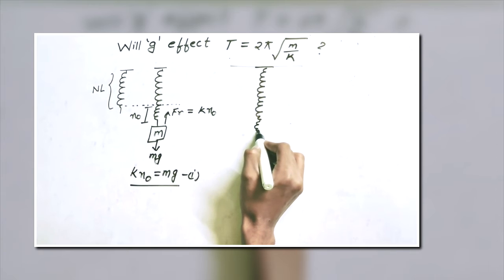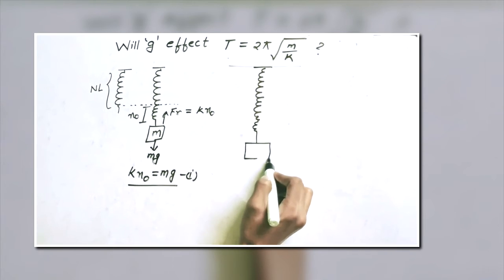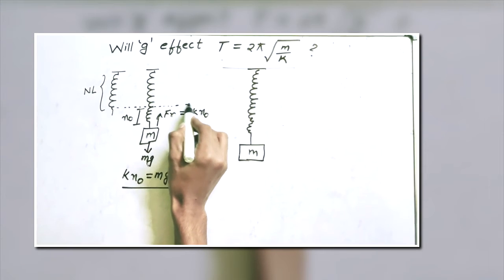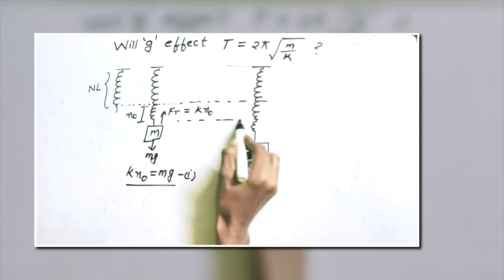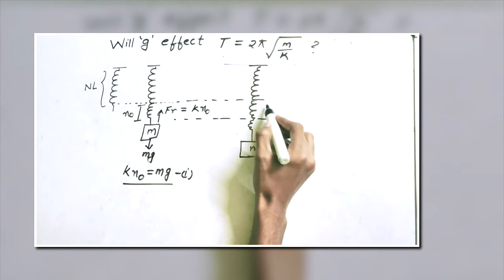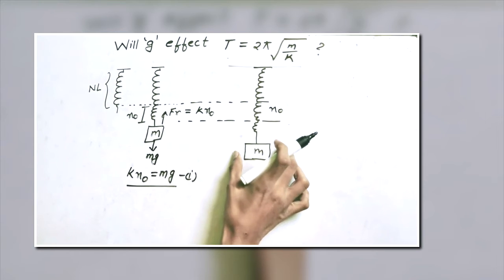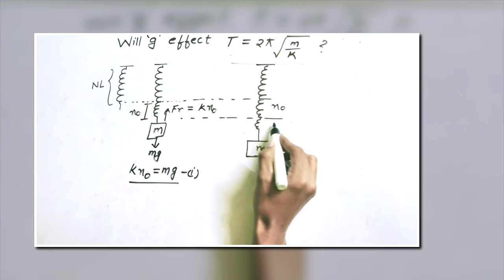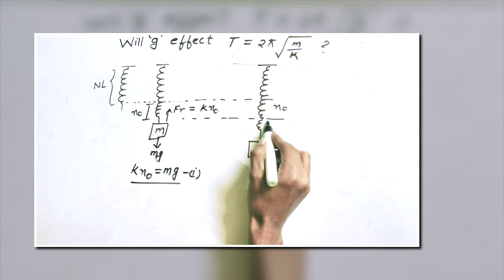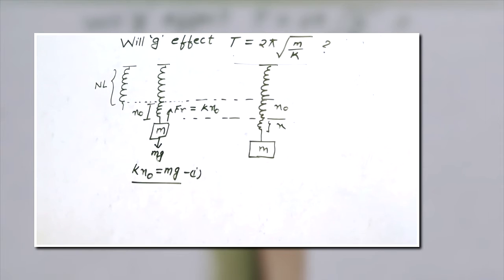So now we have displaced this mass, the same mass. So this was its natural length. This was the x naught that came due to the load. Now we have further displaced it by a force. So this displacement is x.